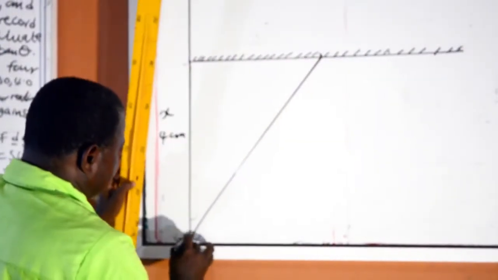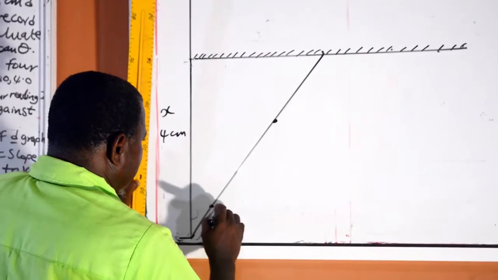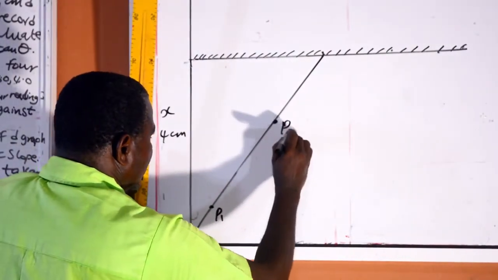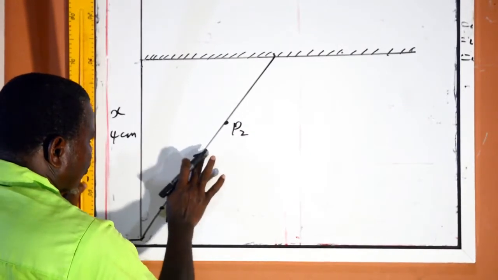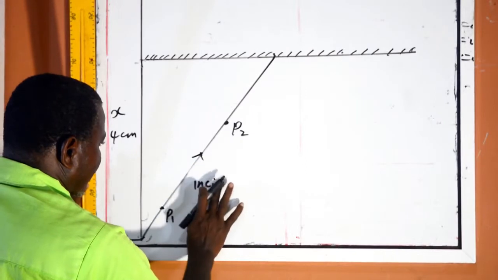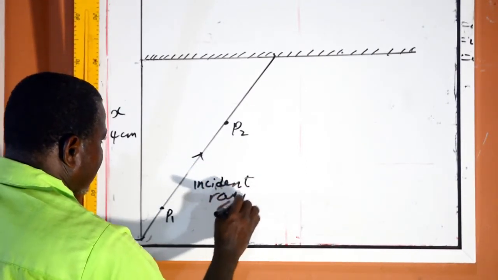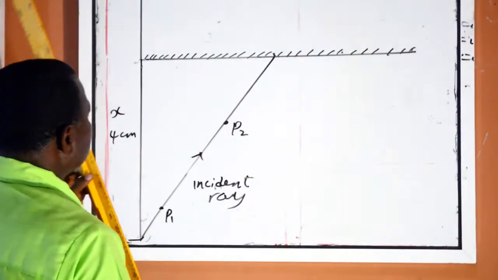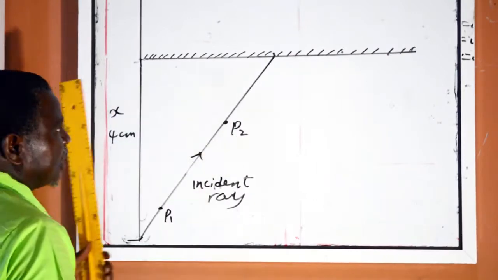You place a pin here, another one here. This is P1, this is P2, this is incident ray. This arrow means that this is incident ray. So after that, you place a pin here, another one here.